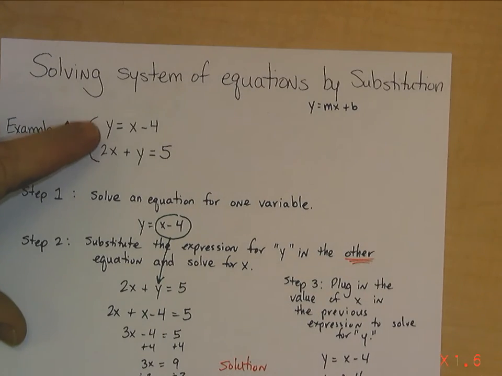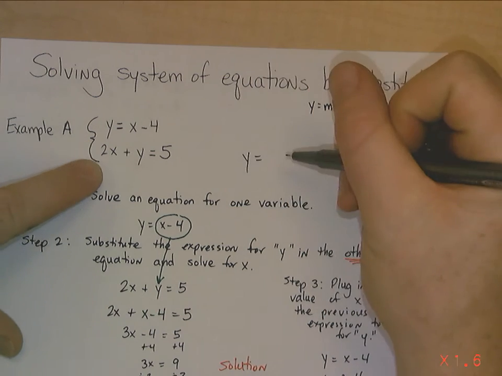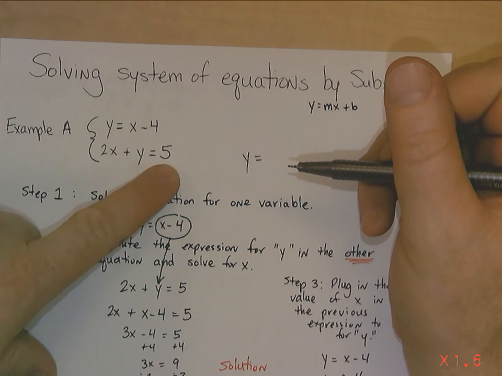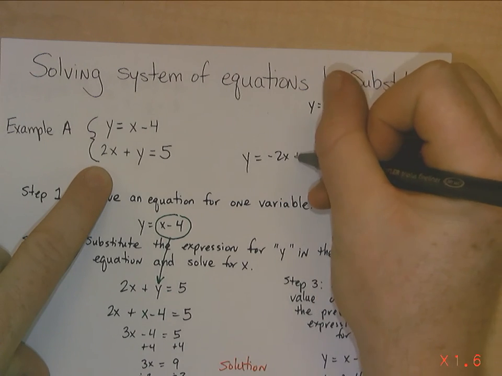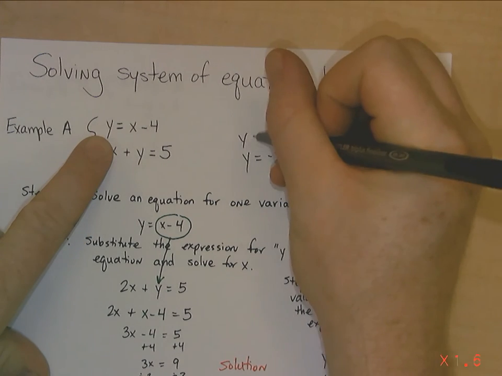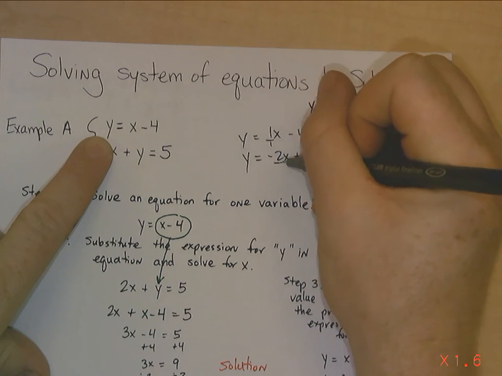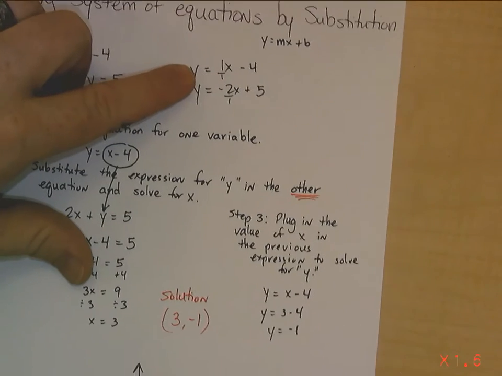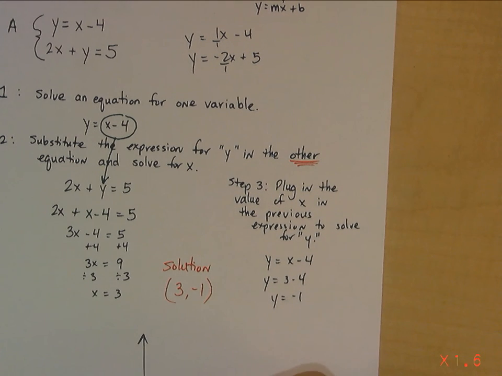You already have this one in slope-intercept form, but if I put this one in slope-intercept form, I subtract 2x from both sides, so it's y equals negative 2x plus 5. This is y equals x minus 4, so the slope is 1 over 1. We start with our y-intercept, which is negative 4. So 1, 2, 3, 4. Go up 1 over 1. That one's going to go right here.